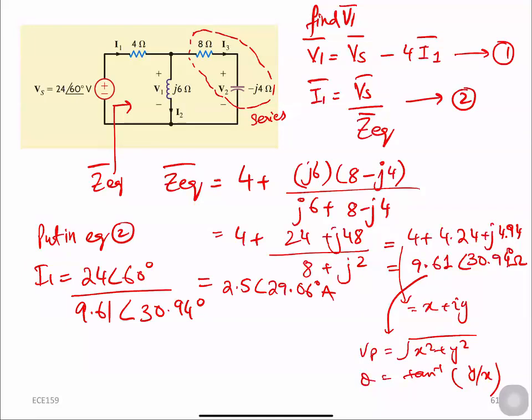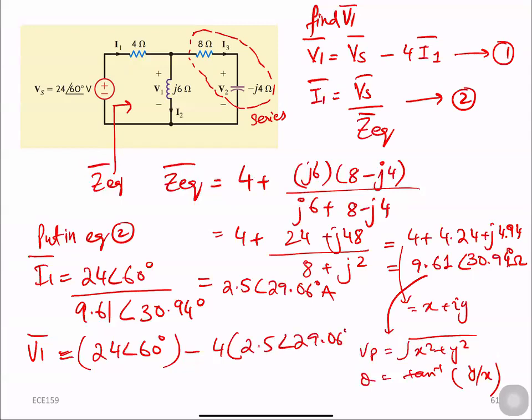And we put this value of I1 into V1, equation number 1, and we find out V1 as Vs, which is 24 angle 60, minus 4 times I1, which is 2.5 angle 29.06, which is equal to this value, volts.